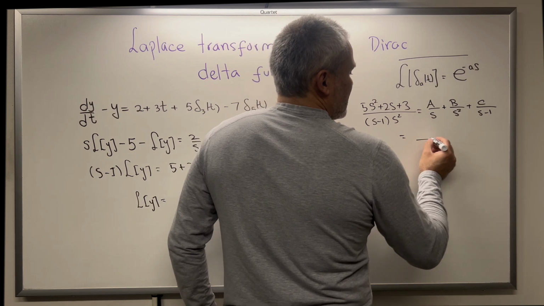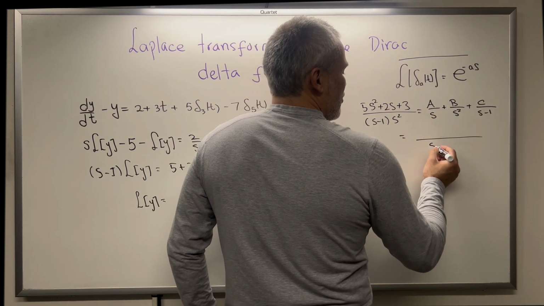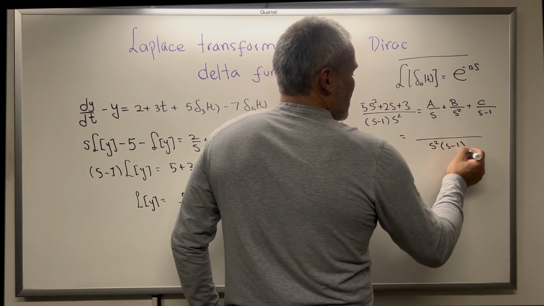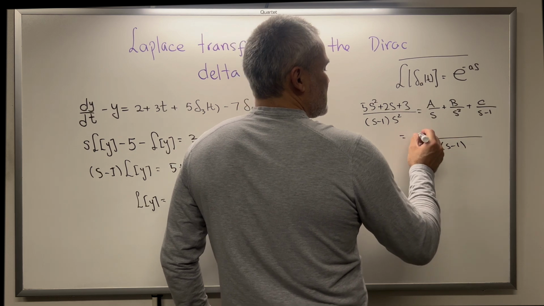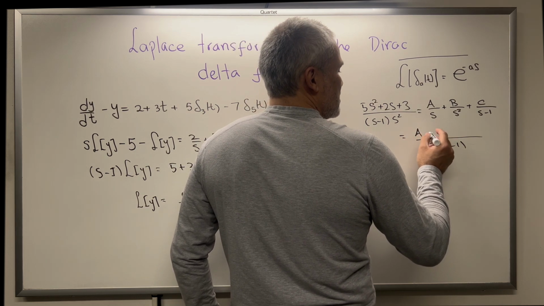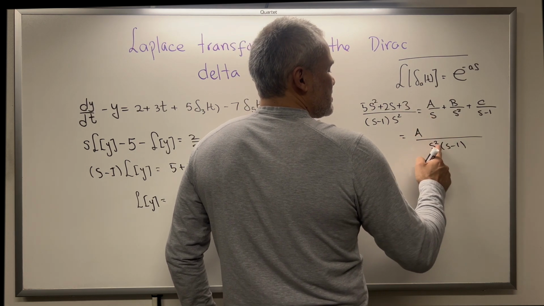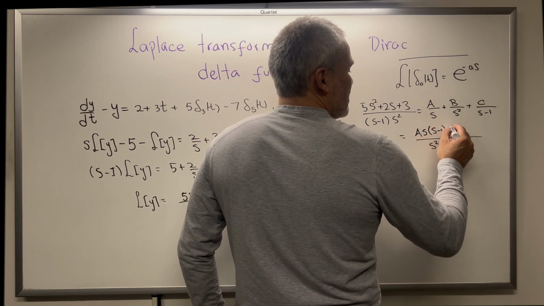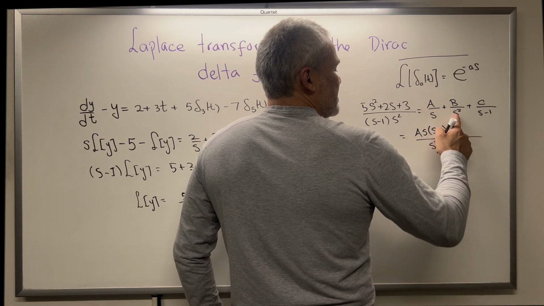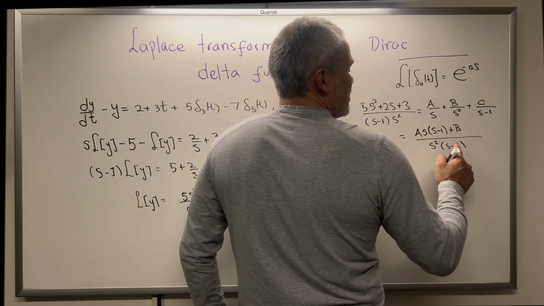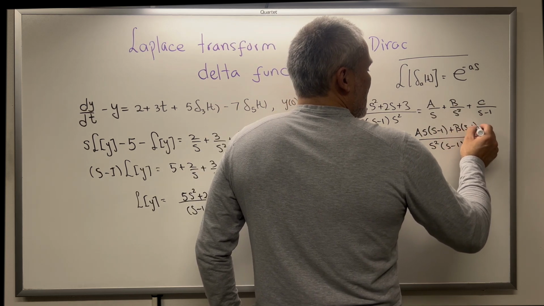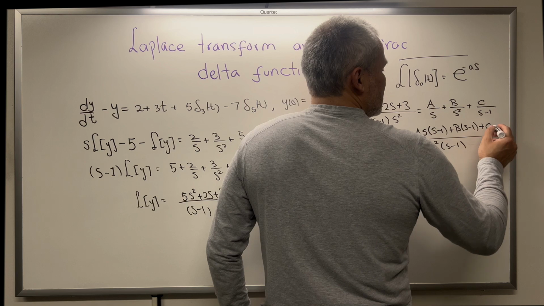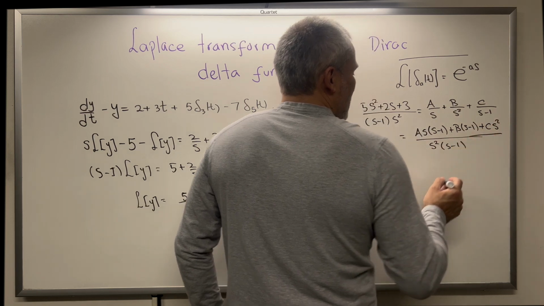We make sure to have the same common denominator. This denominator should be equal to this, and then this is just a times what is missing, s squared times s minus 1 over s, plus b times what is missing, s minus 1, plus c times s squared.